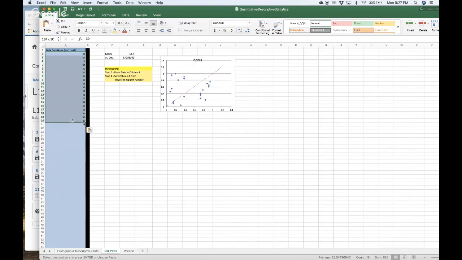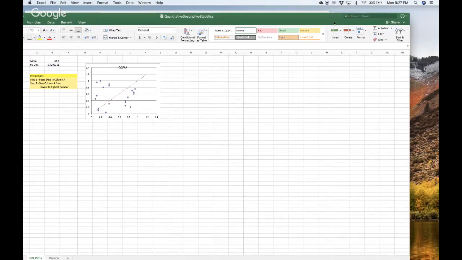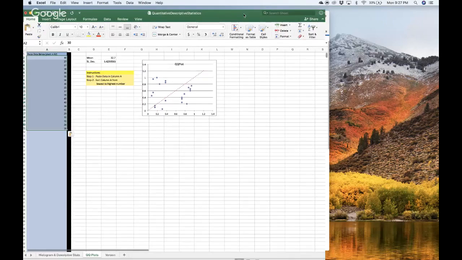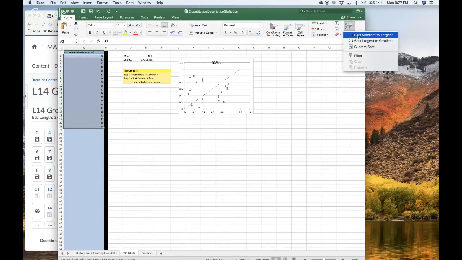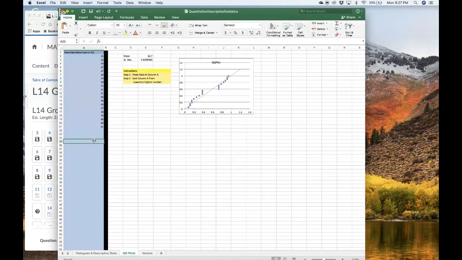Sort. The number 6 is pretty close too, so. Number 2 looks kind of hinky, doesn't it? I don't know. It looks pretty close to being normal to me.